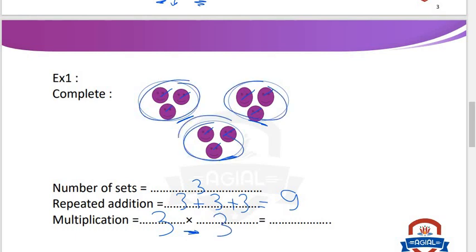So 3 in here, plus 3 in here, plus 3 in here, equal what? Super, equal 9. So 3 multiply 3 equal 9. What is the meaning of 3 multiply 3? Meaning we have 3 groups or 3 sets, and each group has 3 smile faces. So 3 multiply 3 in each one gives me 9.